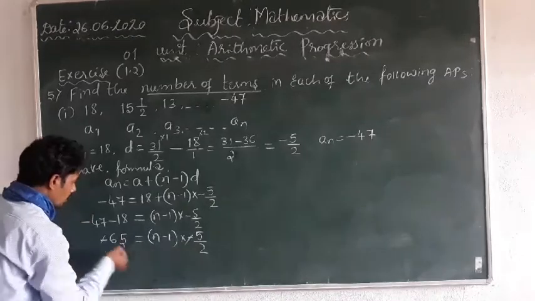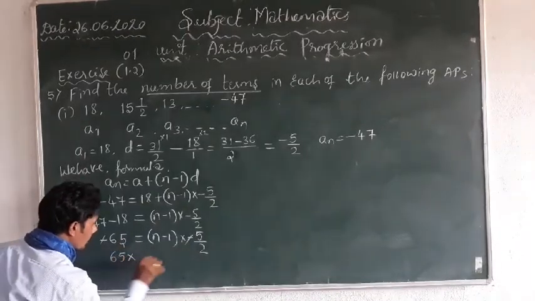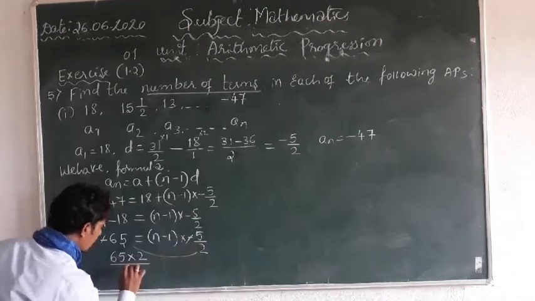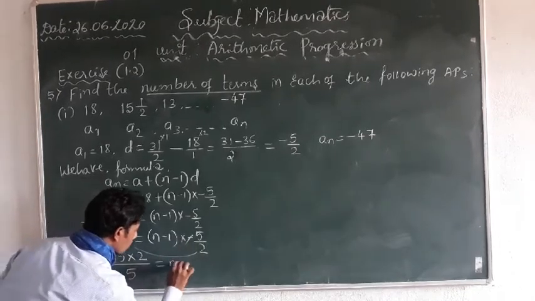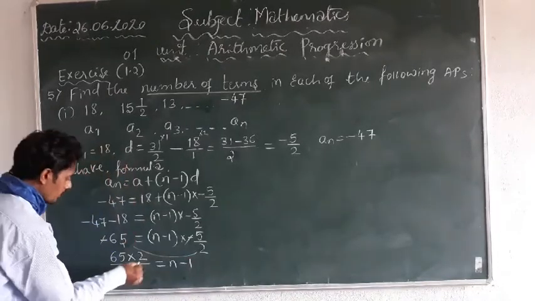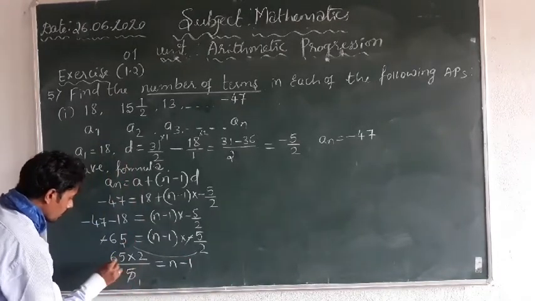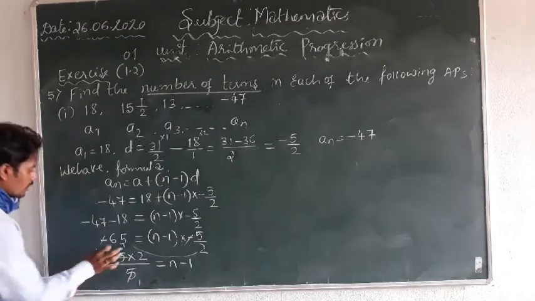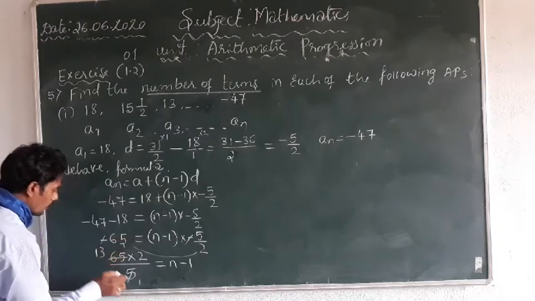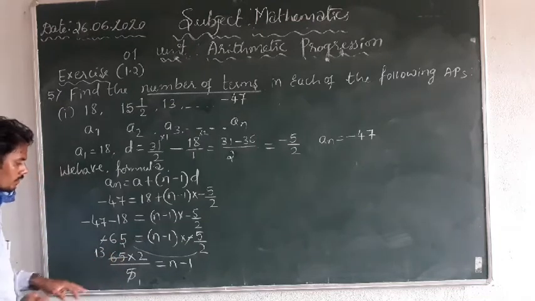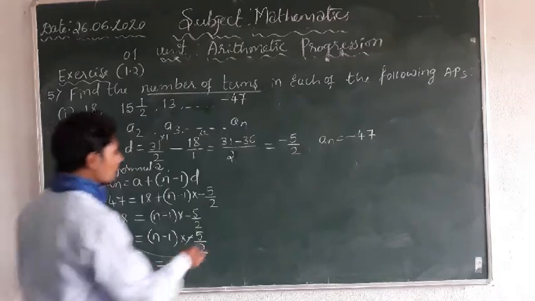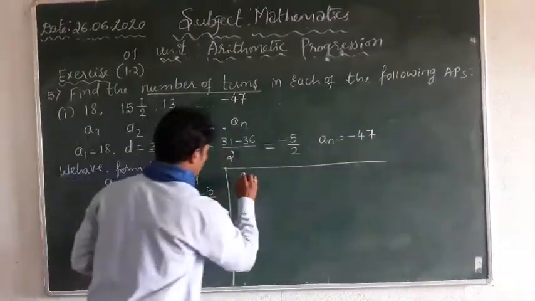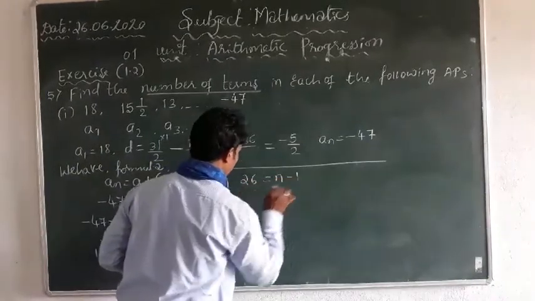Cross multiply: 65 into 2 divided by 5 is equal to n minus 1. 5 ones are 5, 5 thirteens are 65. 13 twos are 26 is equal to n minus 1.